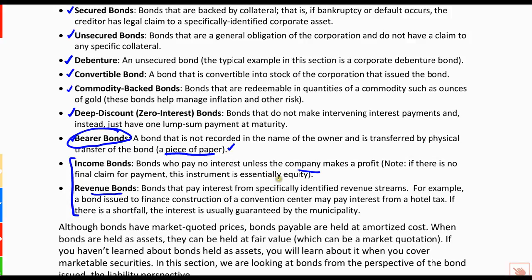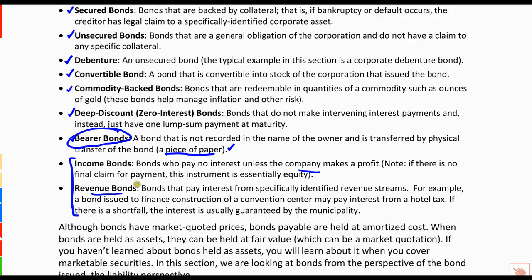So, for example, the convention center in St. Louis, the convention center hotel, the hotel tax is tied to a bond. Parking garages owned by municipalities are often tied to the revenue generated by the parking garages. Water projects and other kinds of things can be tied to the fees charged by the government in the future.